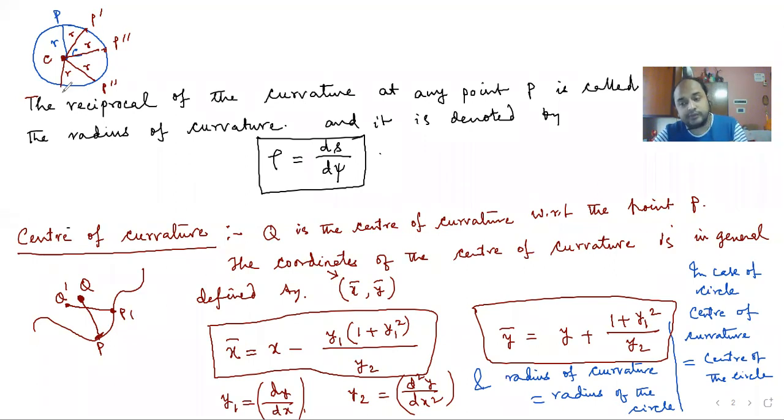The locus of the center of curvature becomes the original curve. That original curve, to which this evolute has been considered, will be known as the involute.